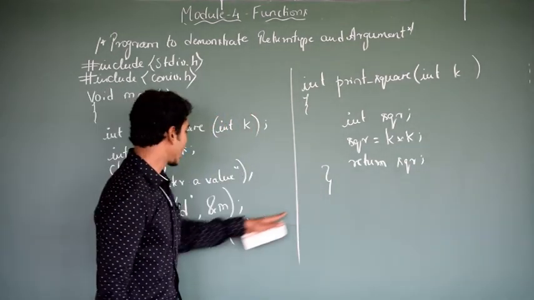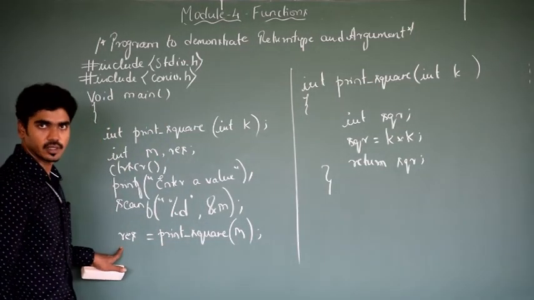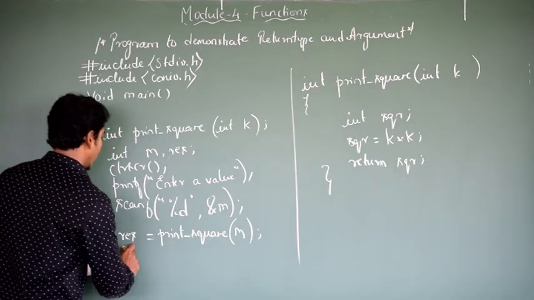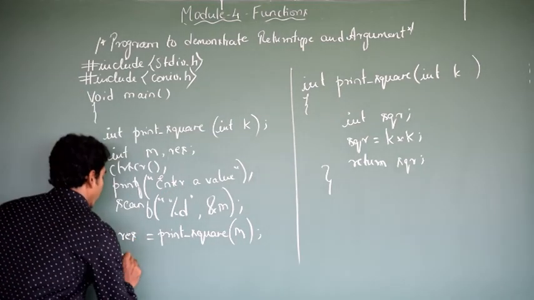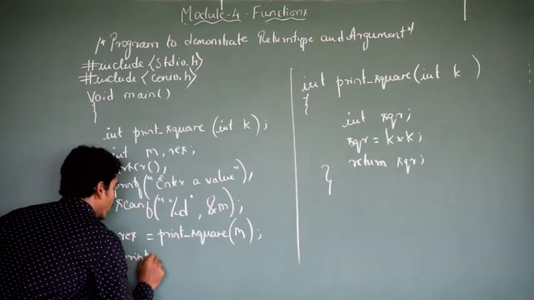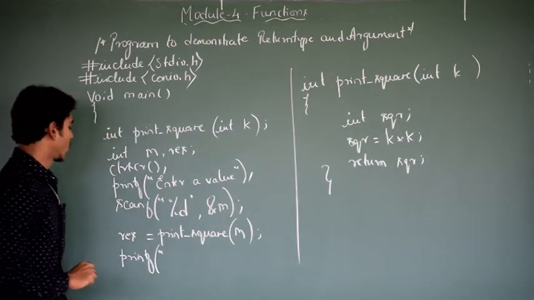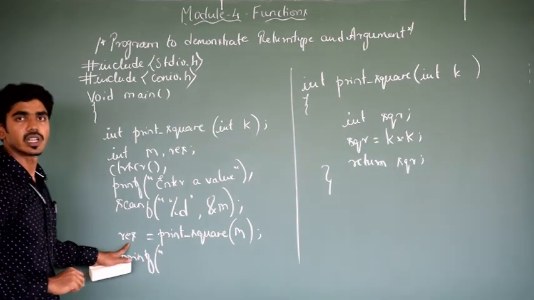So let me come back and finish off with my main function here. Now I am supposed to print the actual result, or the value that is stored in the result variable.